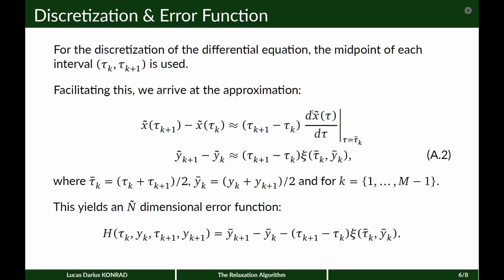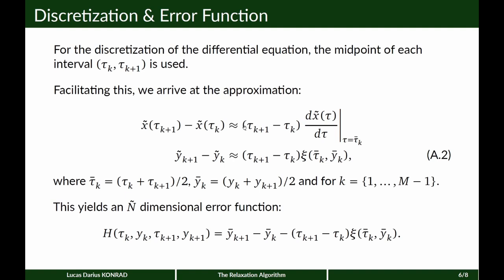Here we look at how the variables of interest change, evaluated at this tau bar. And this tau bar is exactly that time period that lies in between tau k and tau k plus 1.